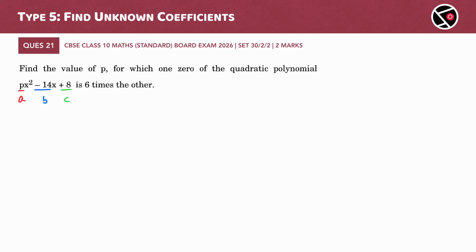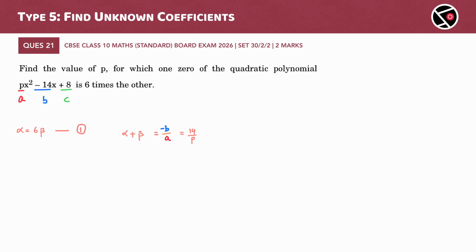Next, we'll look at the zeros. We are given that one of the zeros is 6 times the other zero. Alpha equals 6 times beta. We also know alpha plus beta equals minus b over a. Minus of minus 14 over p is 14 over p.